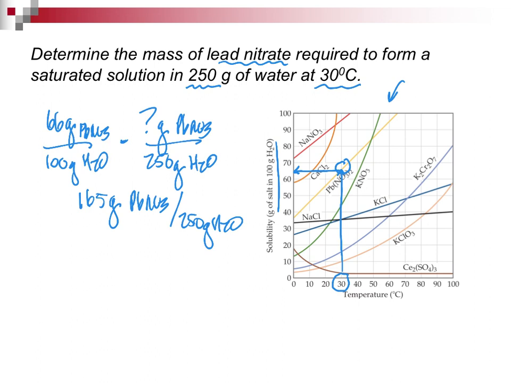They may ask you about sig figs, and based on how this is written, 2 sig figs, we can only have 2 sig figs in the answer. 1.7 times 10 squared grams of PbNO3 for 250 grams of water.